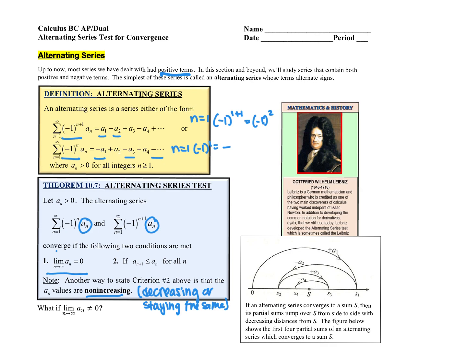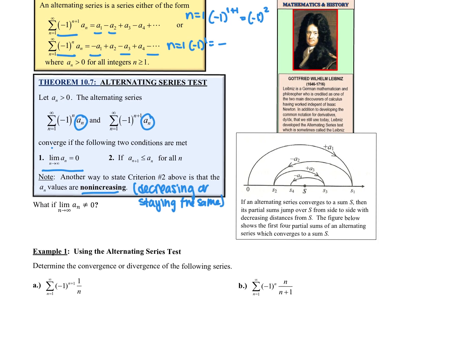Okay? So, one thing to also note is, what if you have an alternating series and you are checking the criteria and the first one doesn't apply? What then? Well, in general, you can't use the alternating series test if the first criteria doesn't apply. You have to have both of them to use the alternating series test. But the nice thing is that when the limit as n approaches infinity of a sub n is not 0, this means that the limit as n approaches infinity of negative 1 to the n of a sub n will not be 0, because add the alternating part in and that limit will still not be 0.